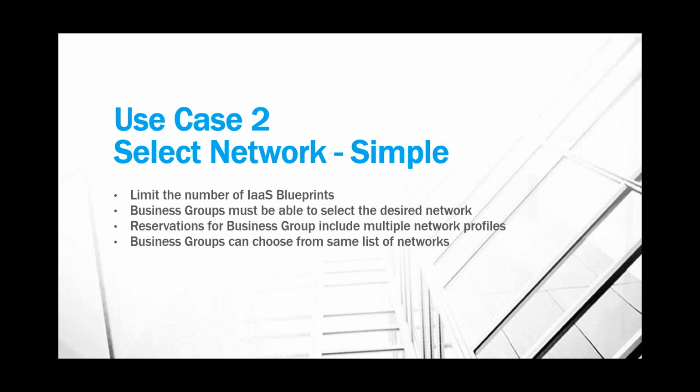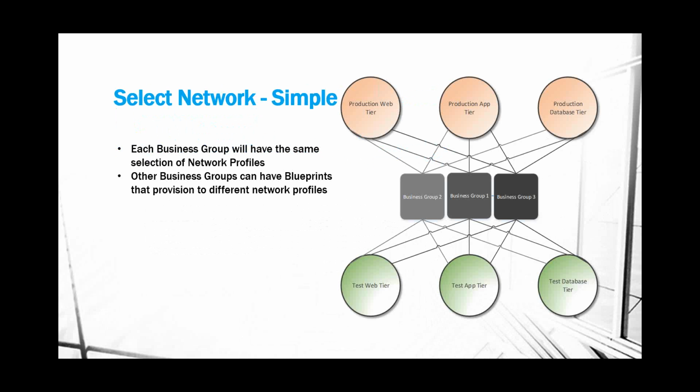That's 3 web, app and data for both the production and test environment, and 3 business groups. So all 3 business groups can see and provision all 6 networks. And again, if I stand up just a reservation with 6 networks for each of the business groups, you'll find that by default it will just provision into a round-robin selection of the networks, and not necessarily where you want it to go, unless you modify the blueprint.